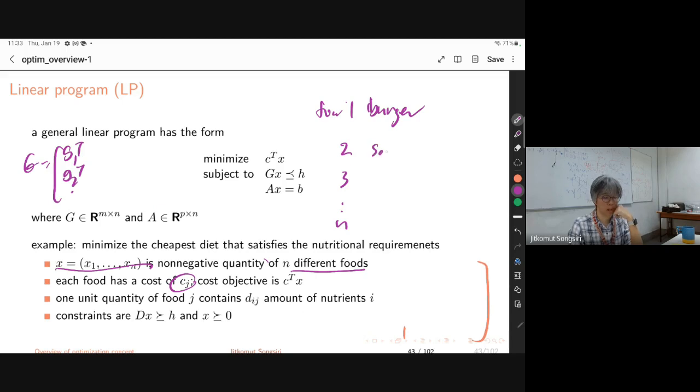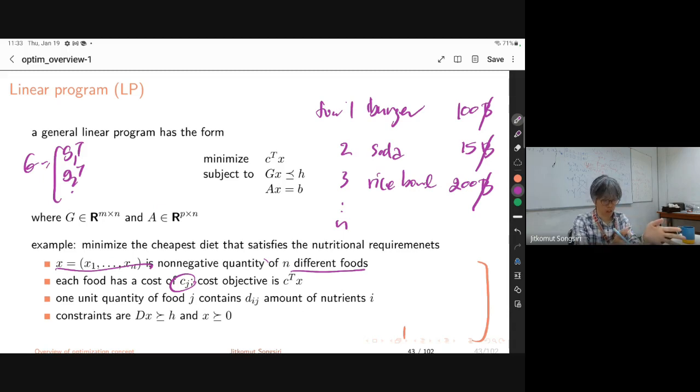Food 2 is soda, which is not very good. Rice bowl, for example, all right? Of course, each food has a certain cost. Soda is 15 baht. Rice bowl is 200 baht, for example. Each kind of food has different portions of nutrients, right? Burger has this percent of carb, this percent of fat, and so on.